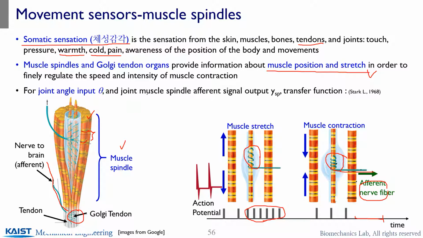Physiologists can find the transfer function between the input and the output for the muscle spindle, like the theta input and the corresponding afferent neural signal output. Many physiologists still try to examine this relationship, and you may refer to the article reporting new findings about the stimulus and afferent nerve relationship.